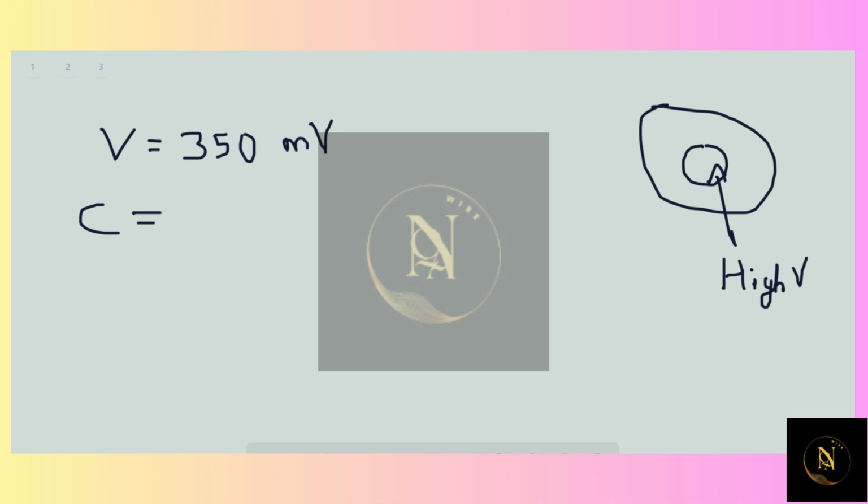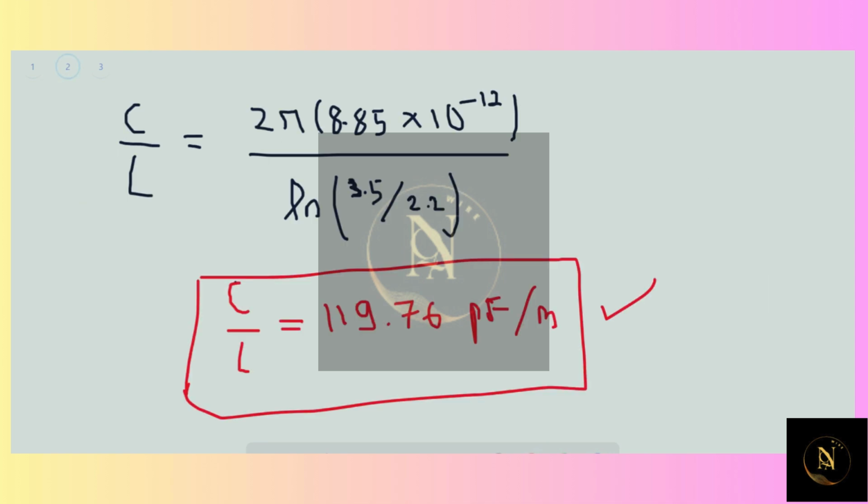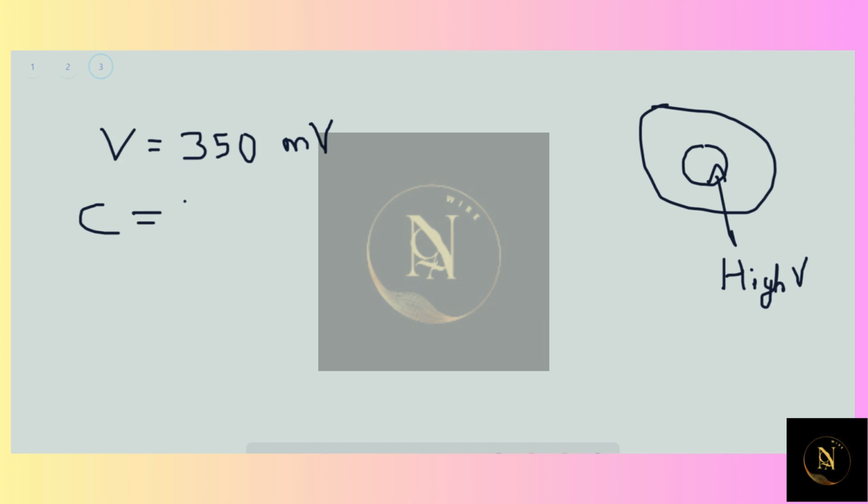So C equals 119.76 times 10 raised to negative 12, which takes care of the picofarad term, times the length of the cylinder, which is 2.8 meters.